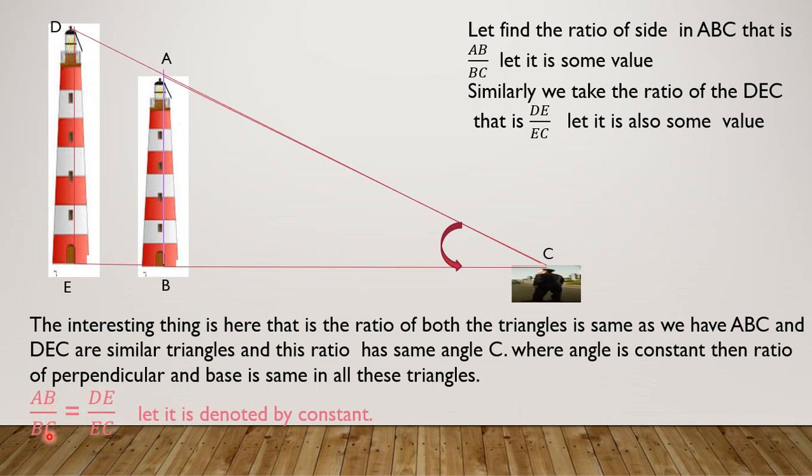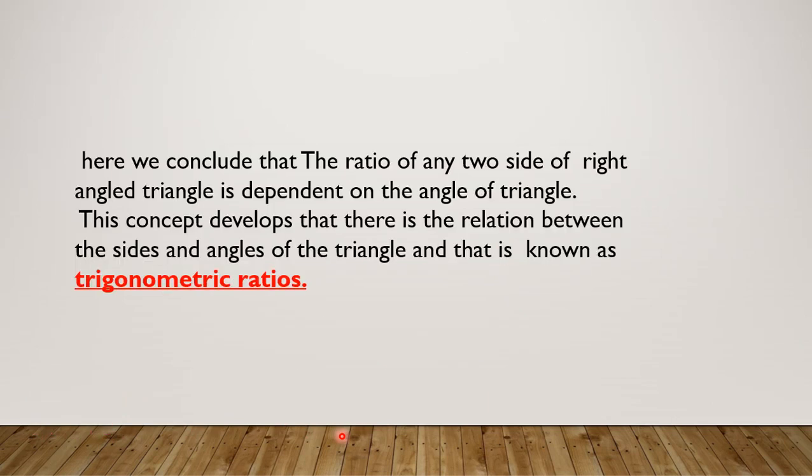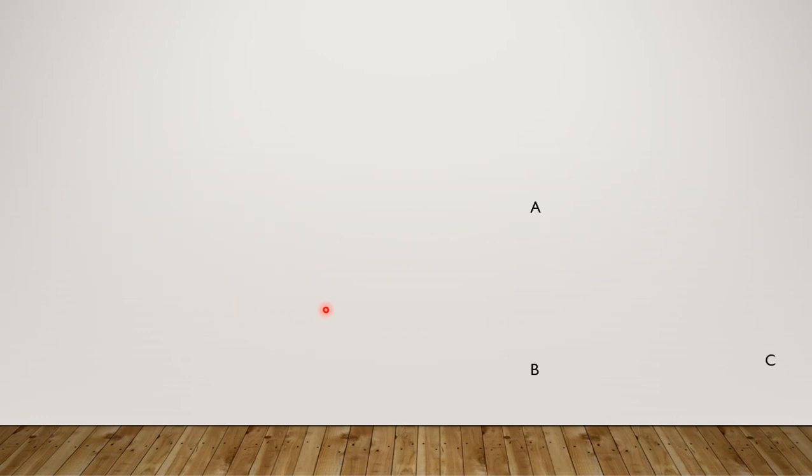So AB upon BC is equal to DE upon EC, and let it be denoted by a constant. By this we can conclude that the ratio of any two sides of a right angled triangle depends on the angle of the triangle. This concept develops the relation between the sides and angles of the triangle, and that relation is the trigonometric ratios.